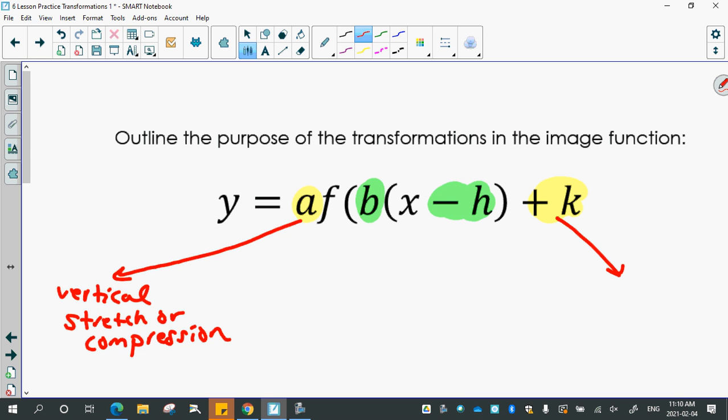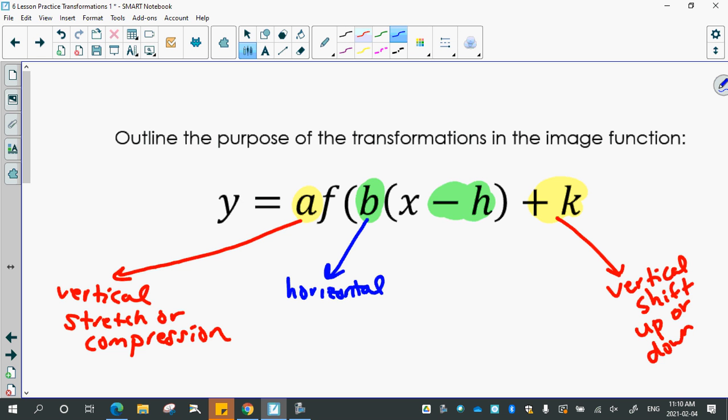So if it's at the end, way at the end, not inside the absolute value bars or under the square root sign, it's a vertical shift. Up or down. If it is under the square root sign or inside the absolute value bars, B is a horizontal stretch or compression, depending on its value. And H is a horizontal shift, left or right.